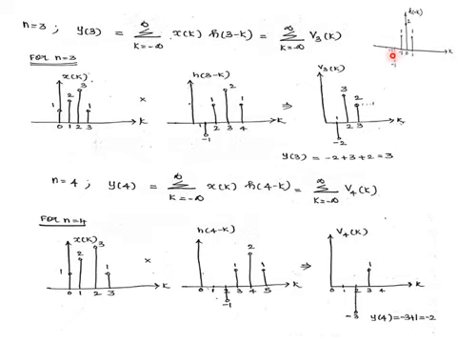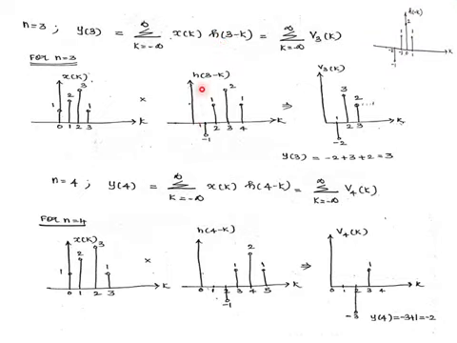That is, the sample at k is equal to minus 2 will be shifted by 3 units, in the sense it will be shifted to 1. And the value at k is equal to minus 1 will be shifted to k is equal to 2. Like this, we have to shift all the samples of h of minus k by 3 units. You should not shift the samples of h of k. We have to consider only this folded sequence and shift its sample values as per the given value of n.